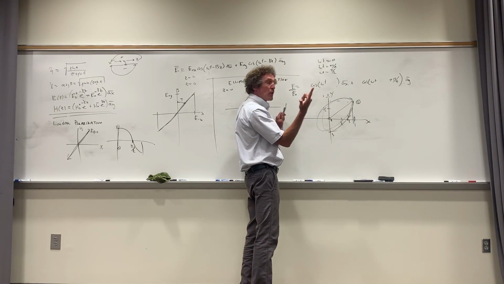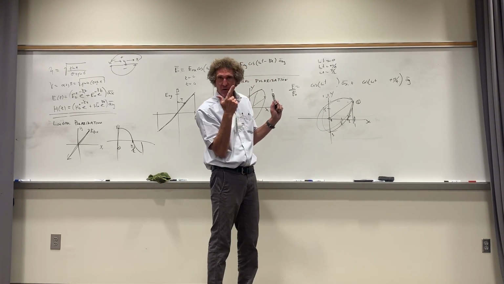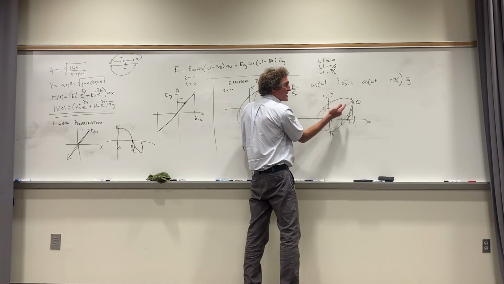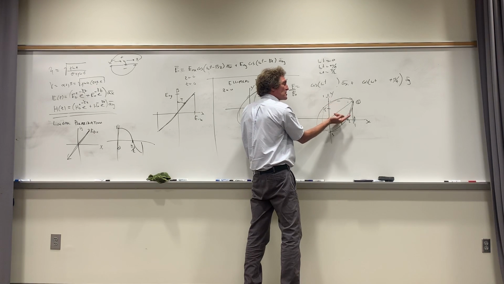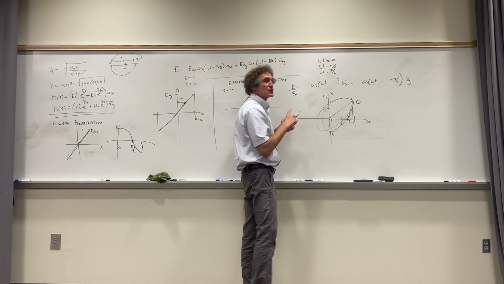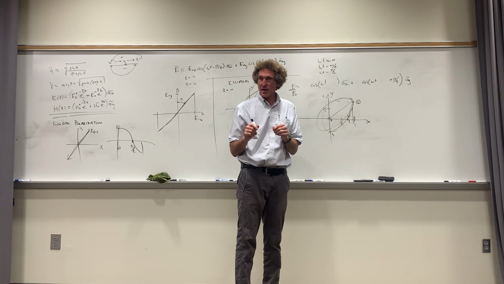Now, if you take your index finger on your right hand and put it there, and the sense of rotation of that tip is in this direction, or counterclockwise, it's considered right hand circular polarization, right?